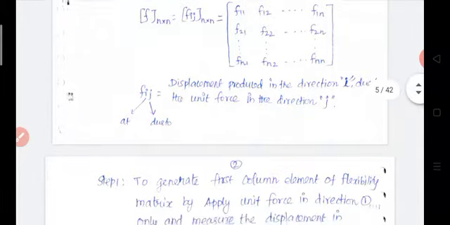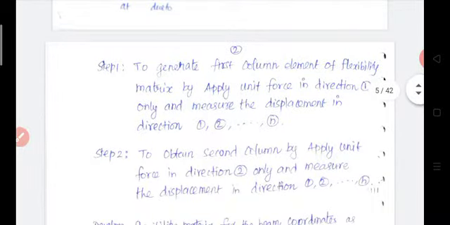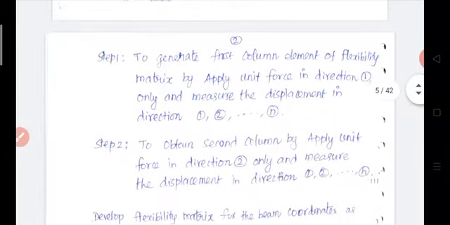So we have to follow these steps. Step 1, in order to generate the first column of the flexibility matrix, we have to apply unit force in the first coordinate direction. Unit force includes both forces and moments. Then measure the displacement in all the coordinates, 1, 2 up to n.